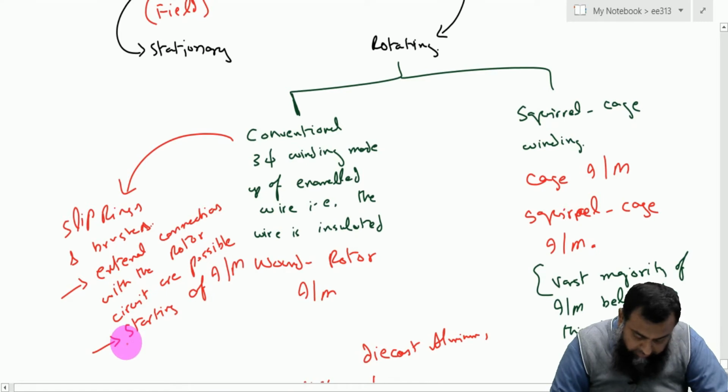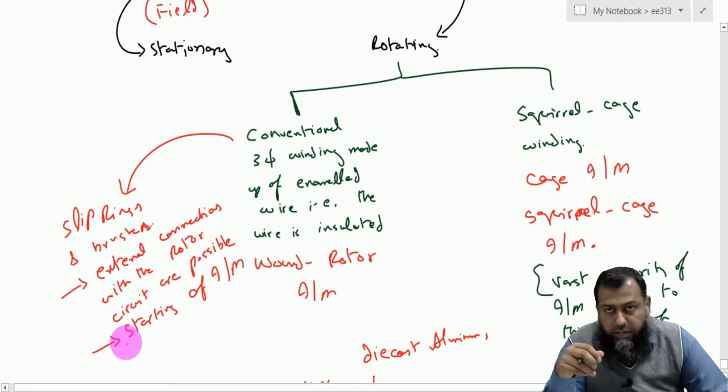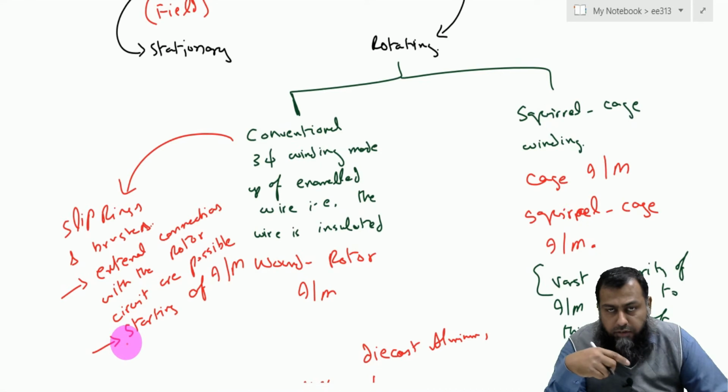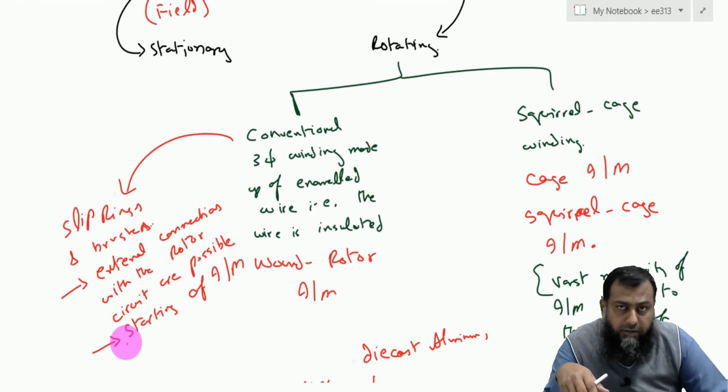It is very helpful because at the start the induction machine usually draws a very large amount of current, which is 10 to 12 times the rated current. So with the help of the external connections available, it is quite easy to add external resistances whenever an induction machine is energized for any given operation.